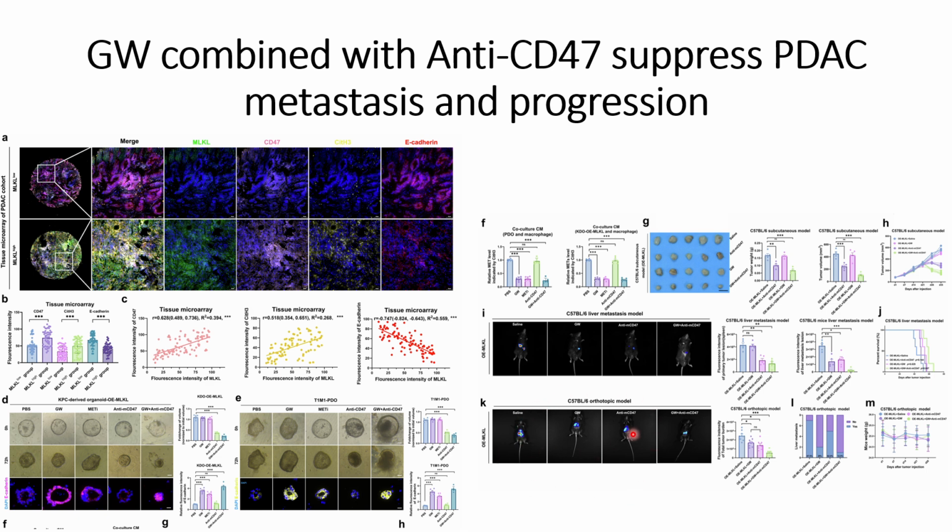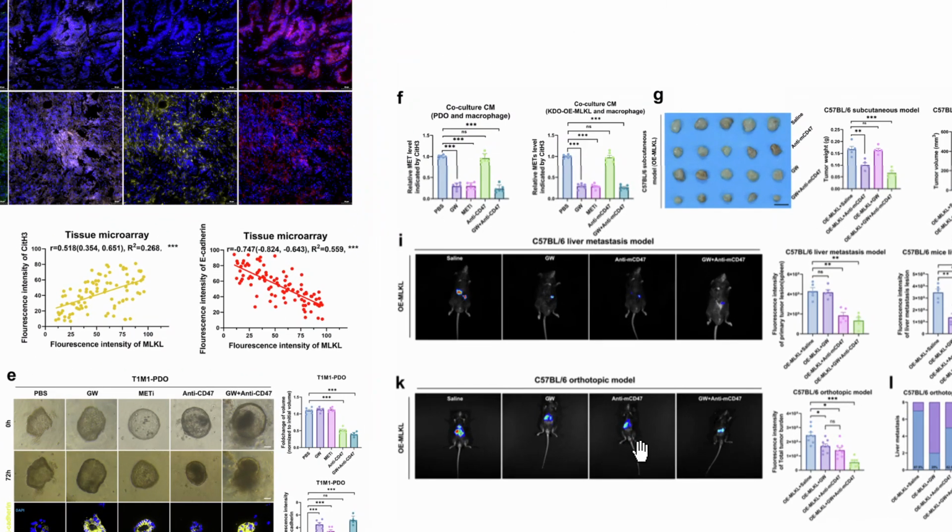And in the orthotopic models, in C57, what they have found out is that when they use either only GW or anti-CD47, they can see that tumor volumes are reduced, but the maximum reduction in the tumor volumes is observed when they use both GW and anti-CD47.